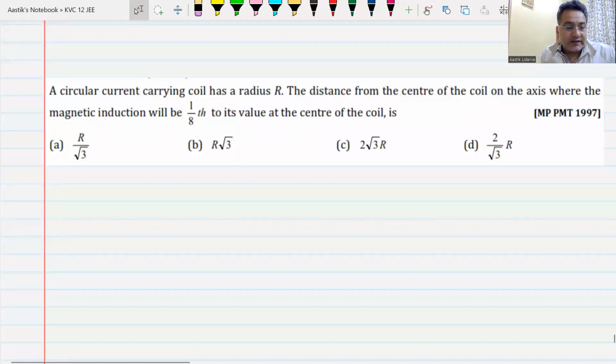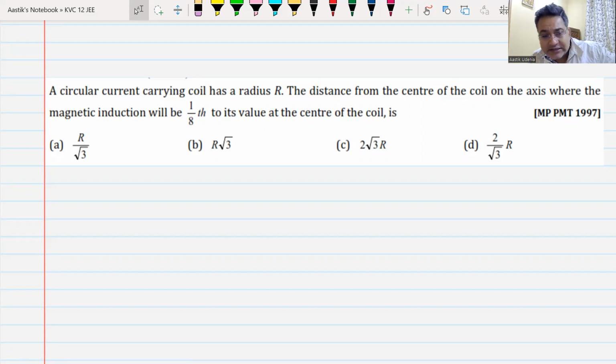Next one, this one. A circular current carrying coil has a radius r. The distance from the center of the coil on the axis where the magnetic field is 1 by 8 of its value at the center of the coil is, and I'll give you a minute to do it. So basically, this question requires more maths than physics.